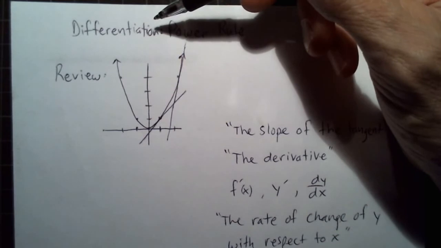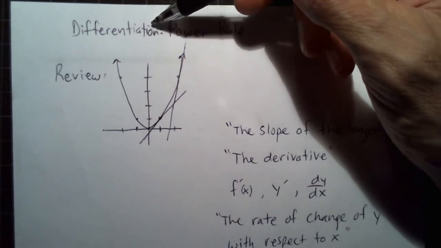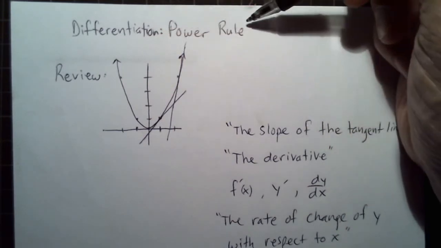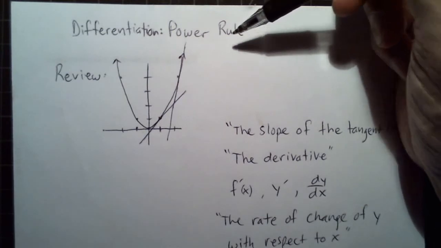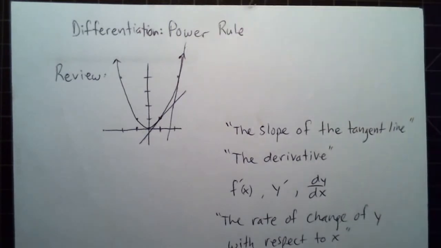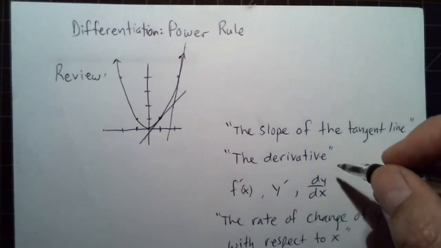Today we're going to talk about differentiation, and there's a rule called the power rule that gives us the slope of the tangent line. And let's see, the slope of the tangent line, the derivative.